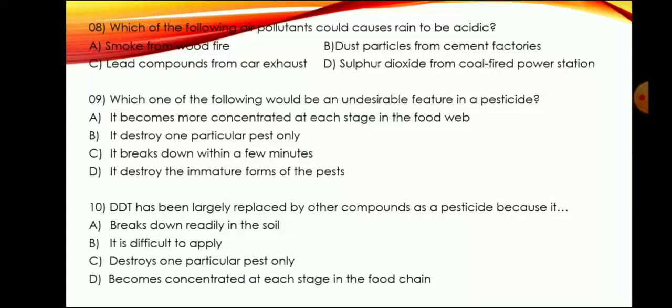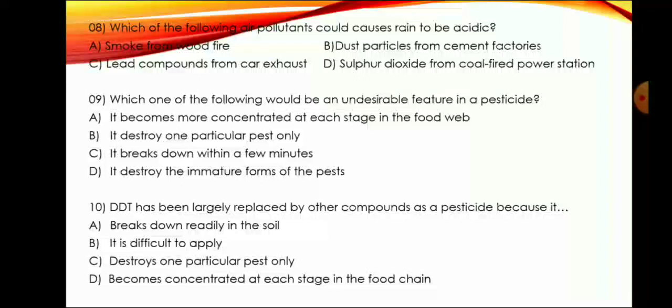Next question is, which of the following air pollutants could cause rain to be acidic? The options are A, smoke from wood fire, B, dust particles from cement factories, C, lead compounds from car exhaust, and number D, sulfur dioxide from coal fired power station.